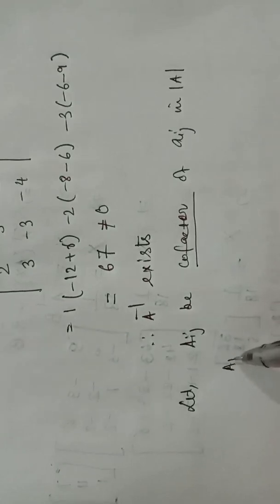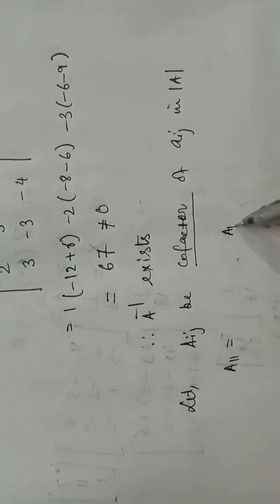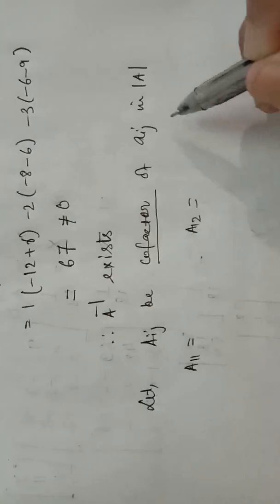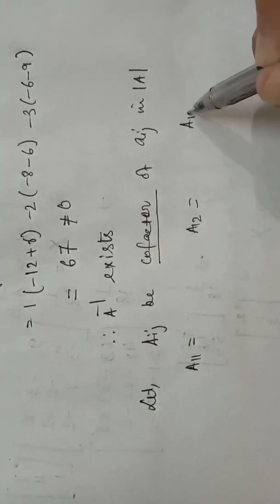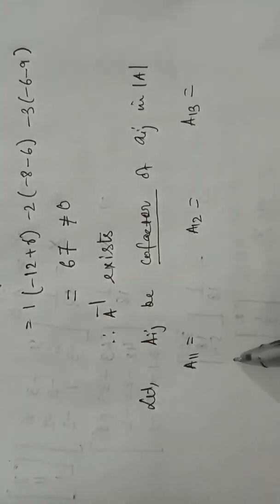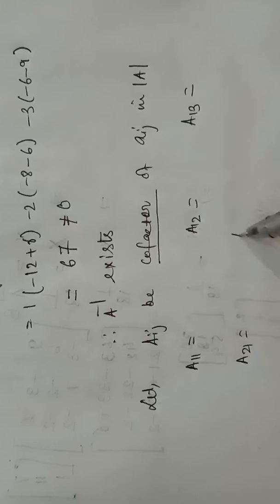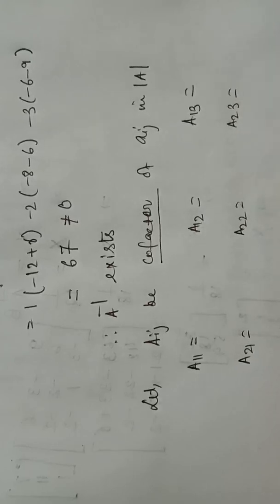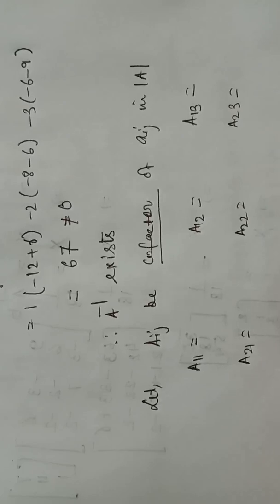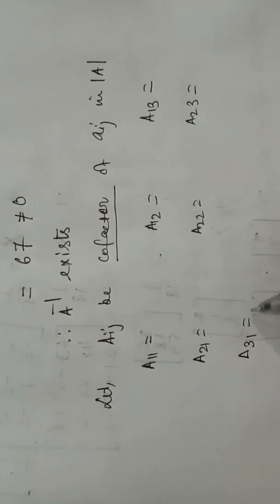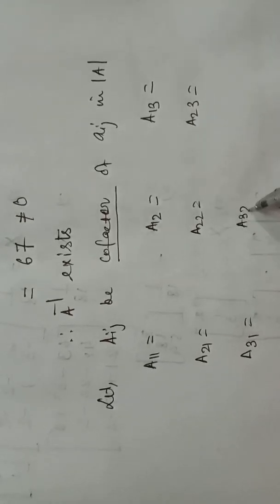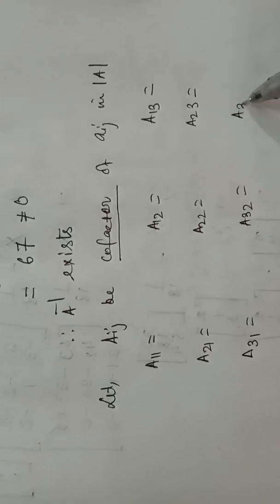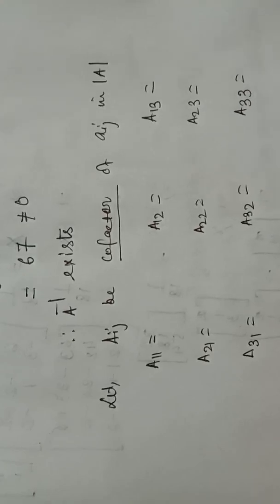Now we have to find the cofactor of each element. First let us write in this way: A11, A12, A13, A21, A22, A23, A31, A32, A33.